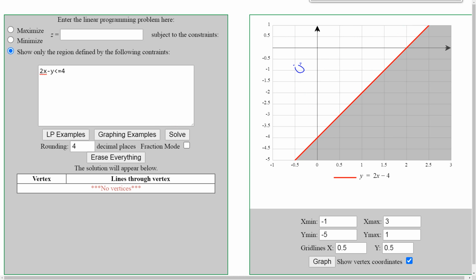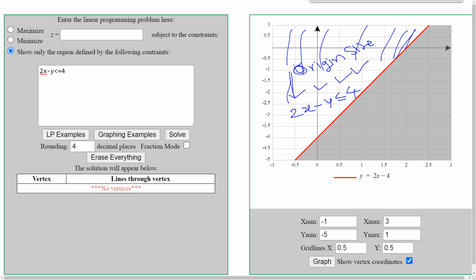So this is the correct answer for the inequality 2x minus y is less equal to 4. So this is the feasible region. The entire region which is in white color is the feasible region.